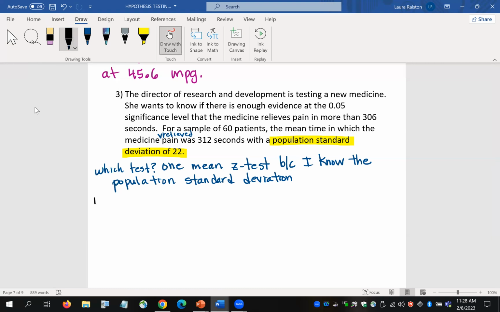And then I'm going to begin the process. Step 1 in the hypothesis testing process is to state the hypotheses. Again, normally you'll see them stacked. The null hypothesis is on the top. The alternative hypothesis is on the bottom.